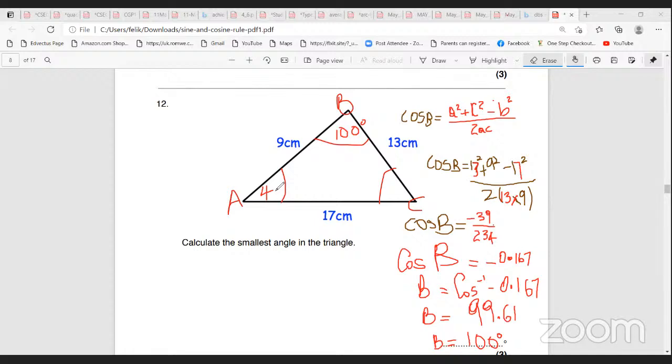The 17 squared plus, by 2, times 9. All right, let's put that in the calculator.